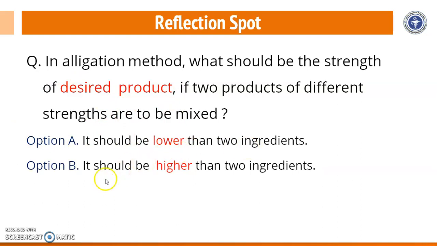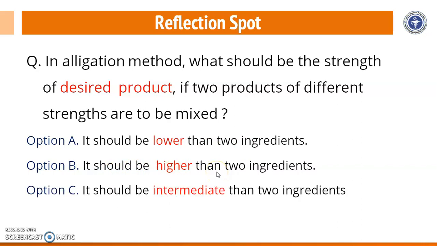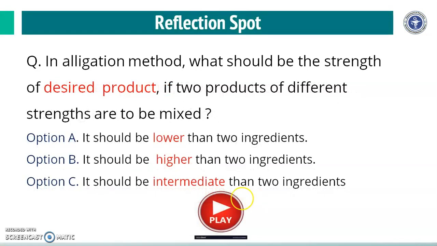Option B, the strength of the desired product should be higher than the two ingredients. Or option C, it should be intermediate between the two ingredients which are mixed together. So now pause the video and think about this question. Write the answer in your notebook, and once you are done with your answer, you can play the video once again.